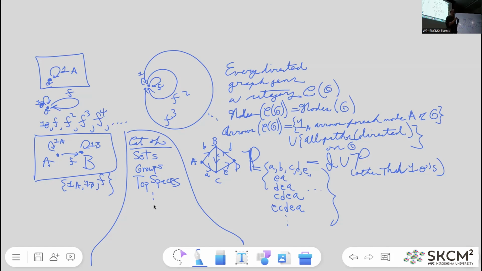And a mapping from one topological space to another, an arrow from one space to another, is a continuous mapping. So then if you map continuously from one space to another and then to another and compose them, you get a new continuous mapping, and it's associative. And so you have a category.